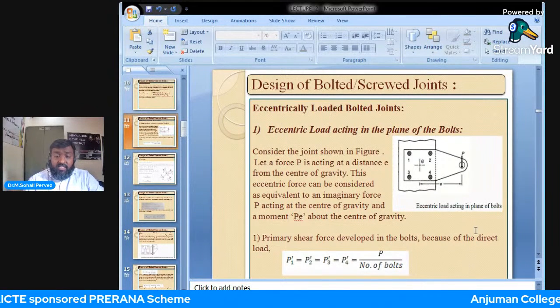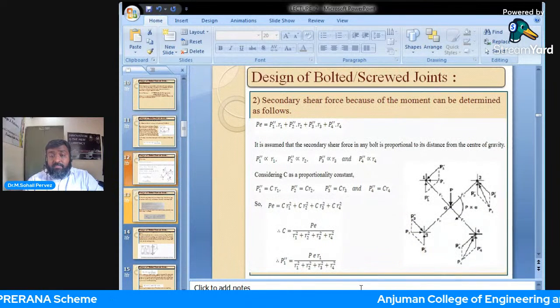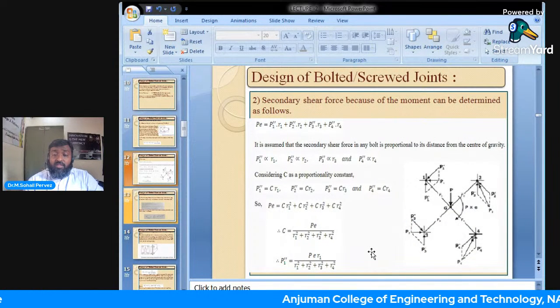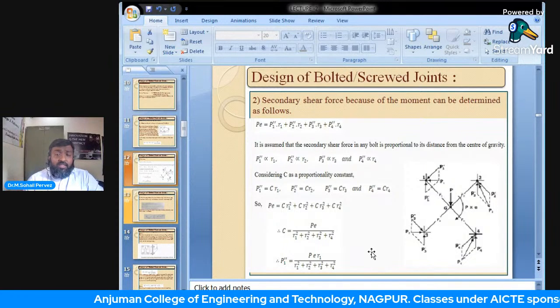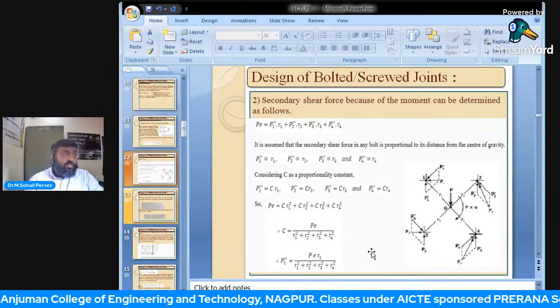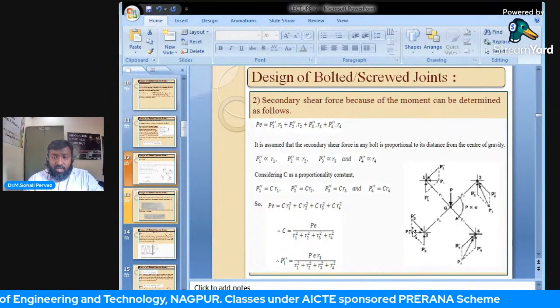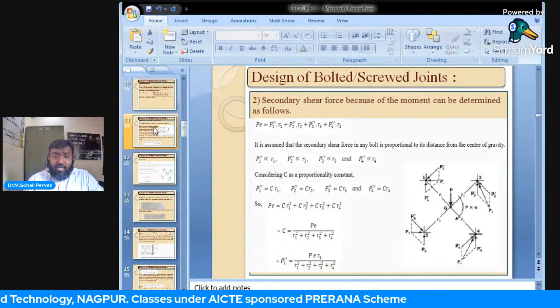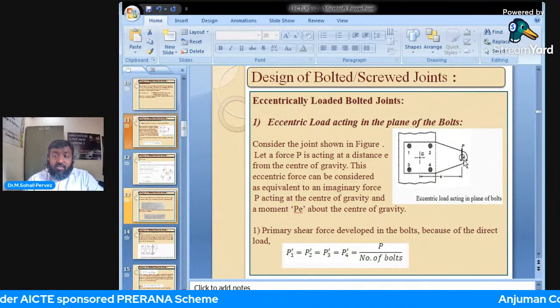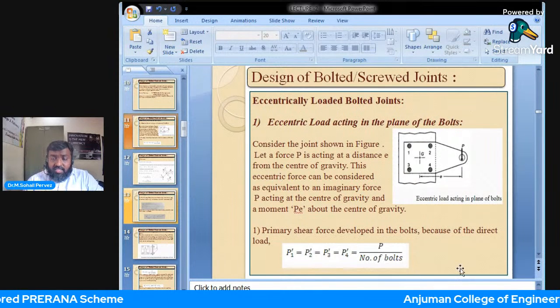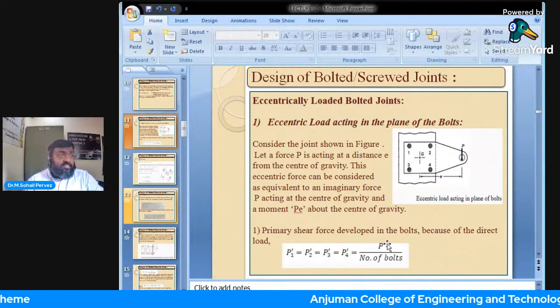using this arrangement. The next one, now secondary shear. Just try to understand this fact. This is very important. Secondary shear force. Due to this P, which is going in the downward direction, these 4 bolts will resist.